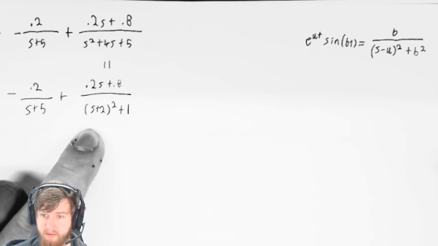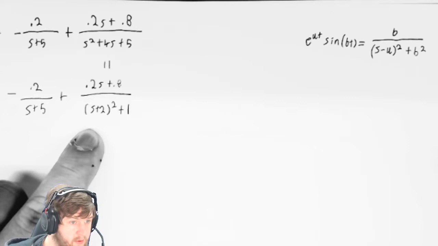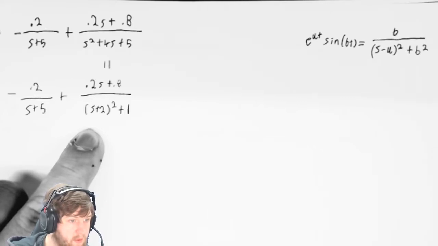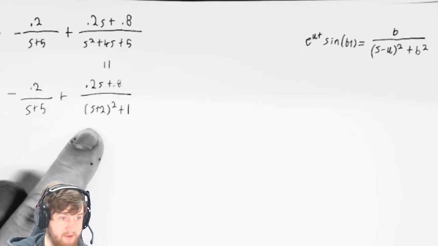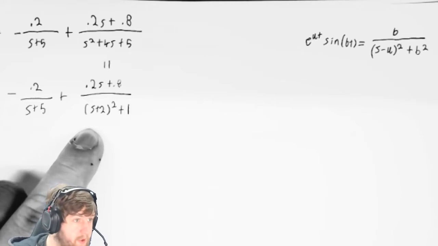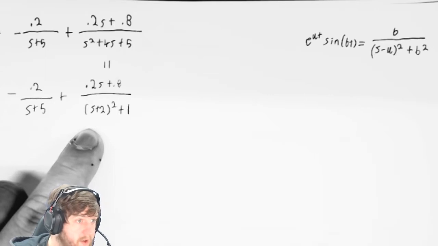So in this case, let's see what identity they're using. Generic decaying oscillatory from the Laplace transform table.